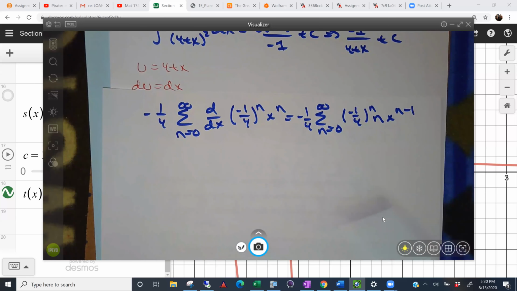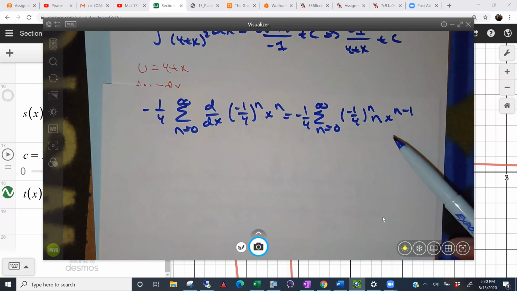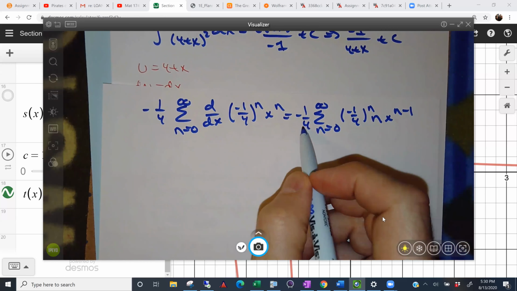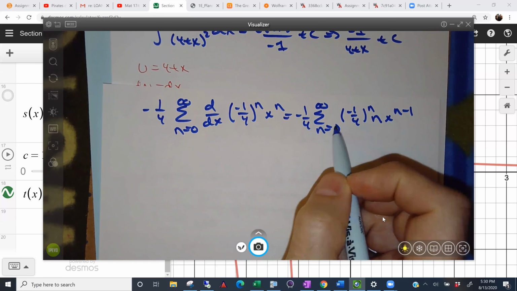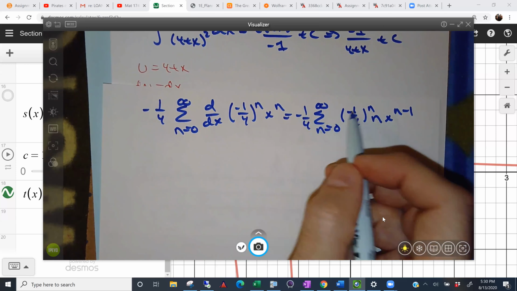The good news is that we've already worked with this. All right, we played with that, and we wrote it. You can multiply this in and have a 4 to the n plus 1 term, and this would be negative 1 to the n plus 1 term.